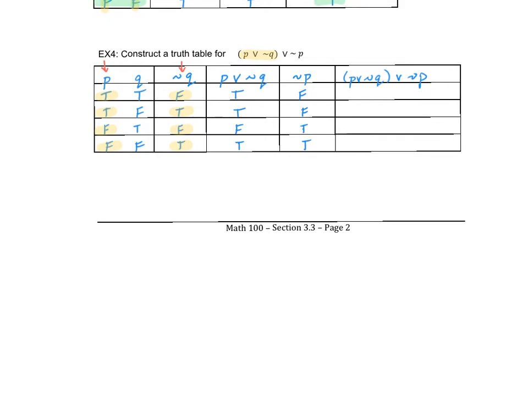On one side I have the P or not Q. On the other side I have not P. It's an or. If we go from true to false in an or, that's true. True, false is true. False, true is true. True, true is true. It turns out in this particular case, it's always true.